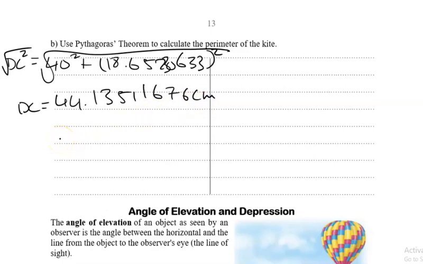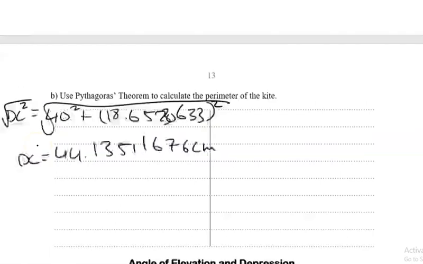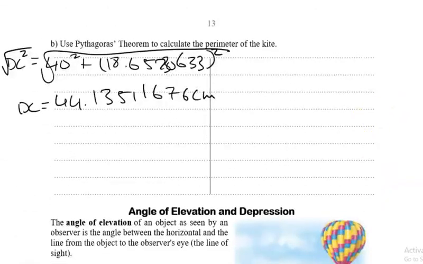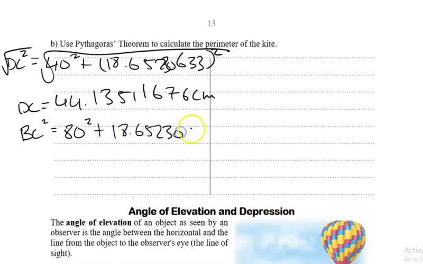Now we need to find the length of BC. So let's go back up and see what we have. To find the length of BC, we have the value of x and we have the length of this. So again, we can use Pythagoras to work out BC. So BC squared is going to equal 80 squared plus 18.65230633 squared.